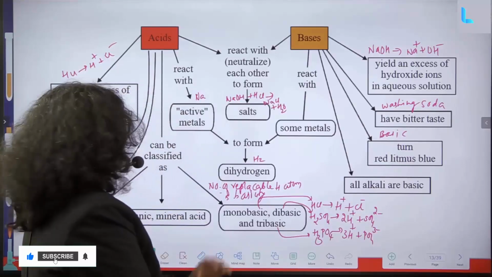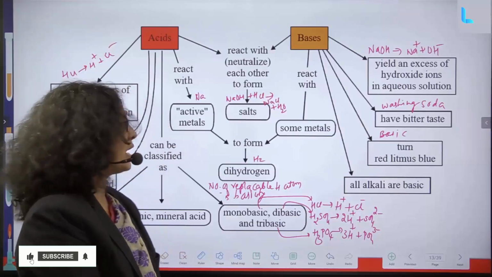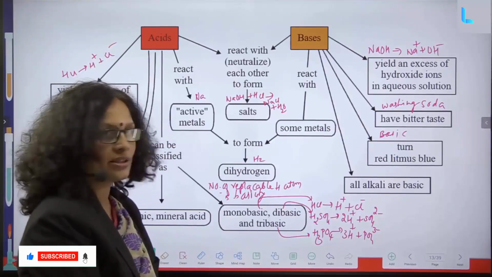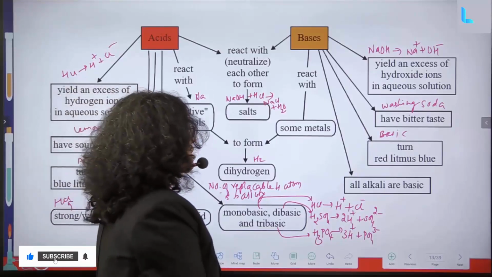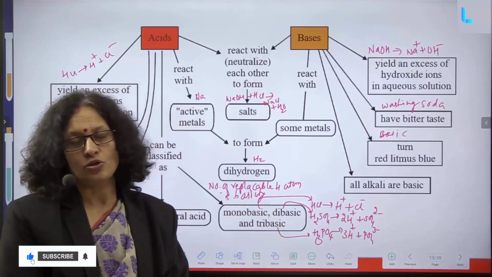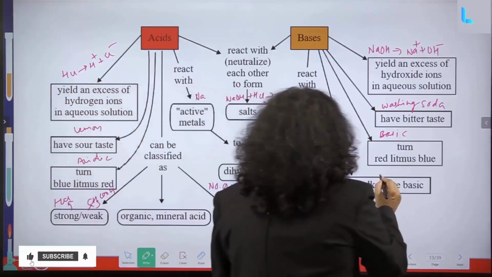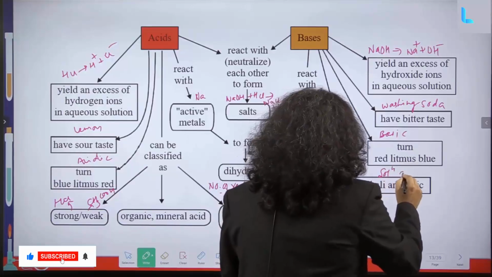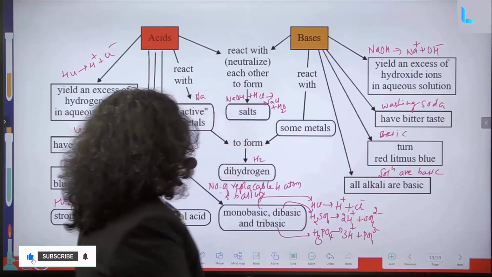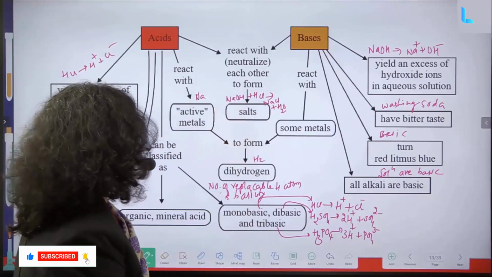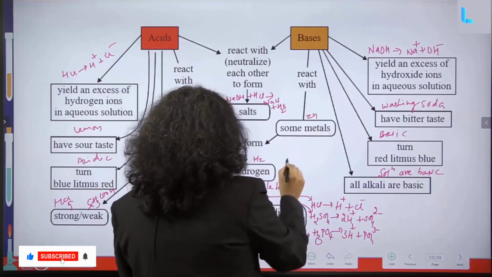Then all alkalis are basic in nature, but not all basic substances are alkalis. That is because their solutions are alkaline. When a pH test is done, the solutions are alkaline, so all alkalis are bases. Then bases react with metals, like zinc, as we have seen in the reaction.